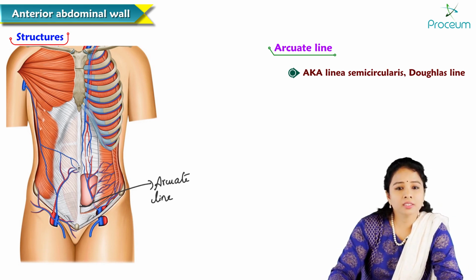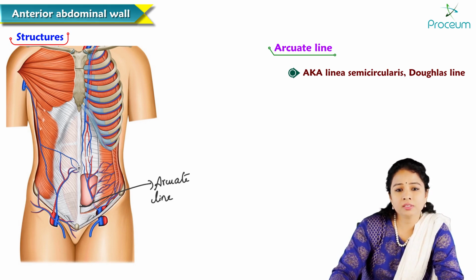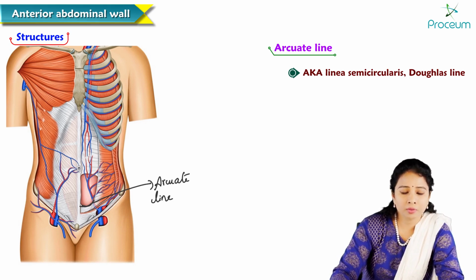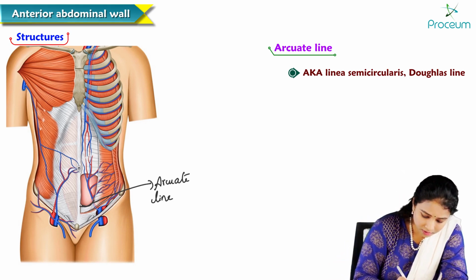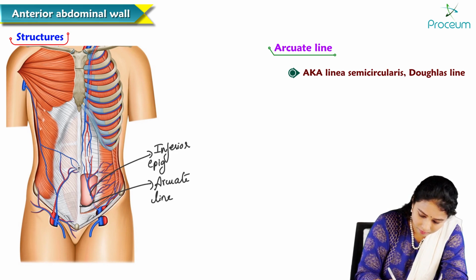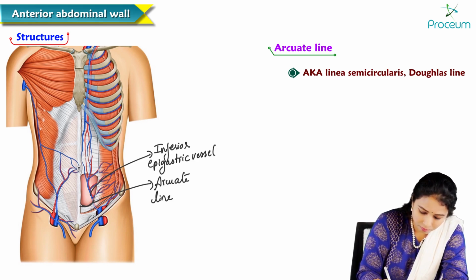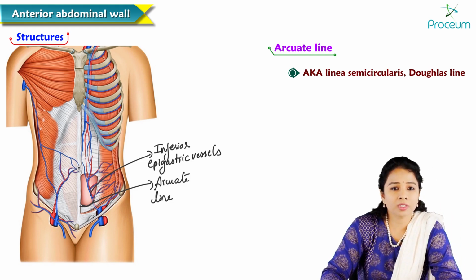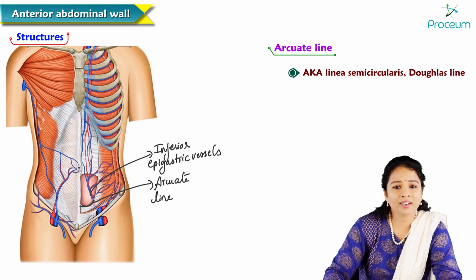Here we can see the inferior epigastric vessels perforate the rectus abdominis at the level of the arcuate line.